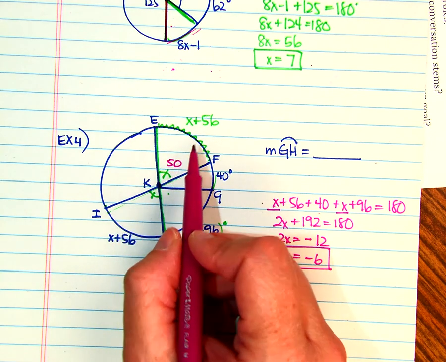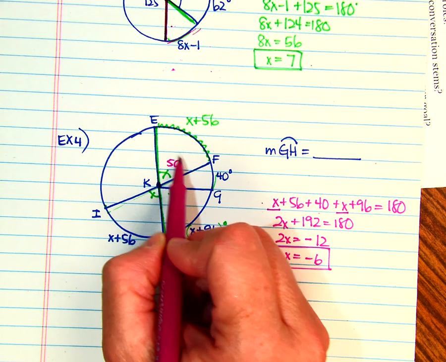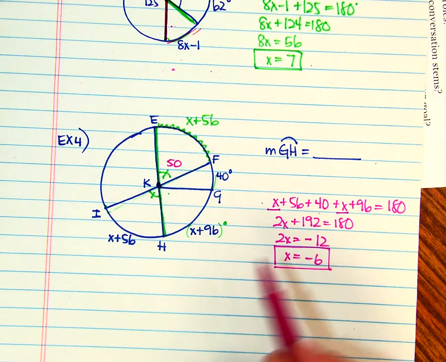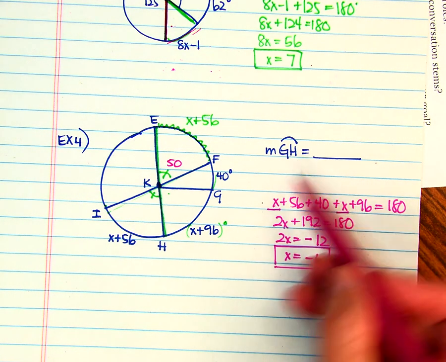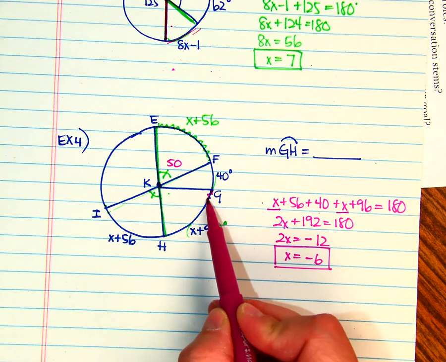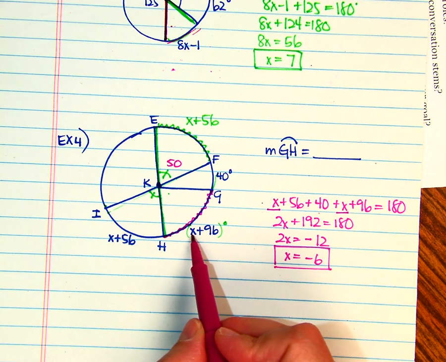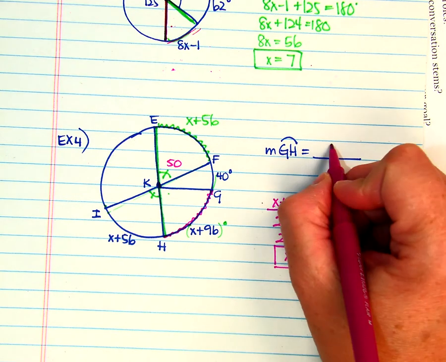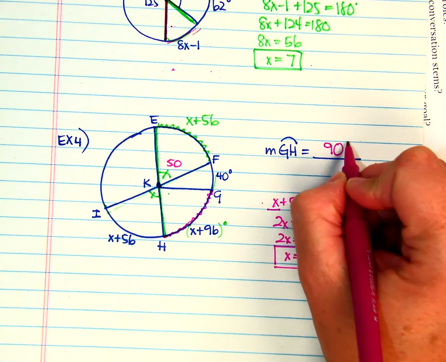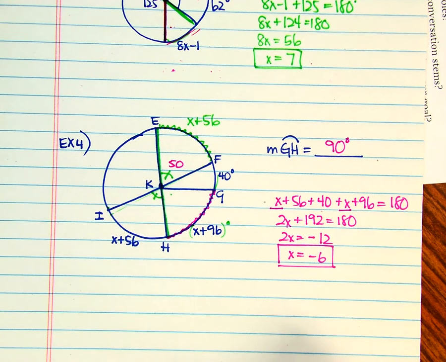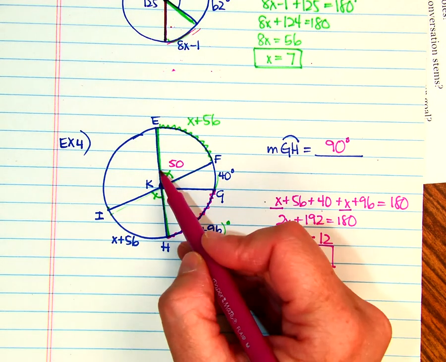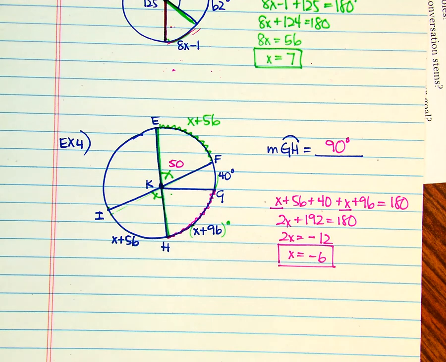I'd be having some red flags if I ended up having some negative values in there. We are looking for GH. So that's going to be this arc right there. So if I plug negative 6 in, I end up with 90 degrees. So again, pay attention to those diameters and also pay attention to the vertical angles. That's going to give you a lot of information.